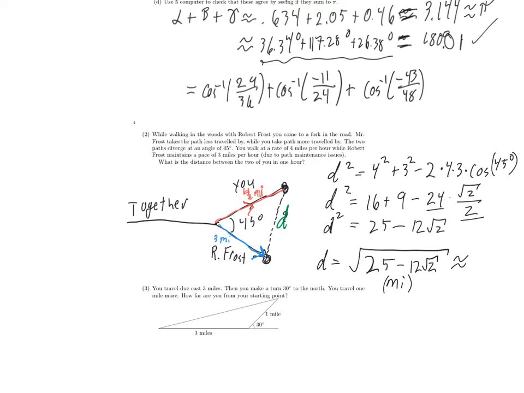The square root of 25 minus 12 times the square root of 2 is somewhere around 2.83 miles. Cool.